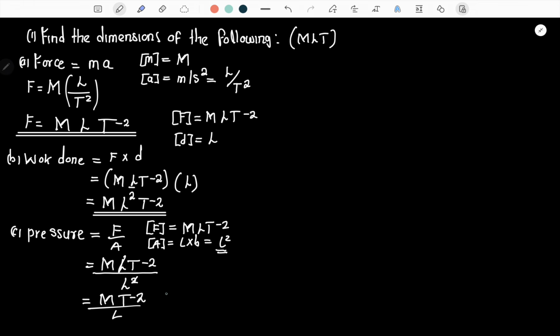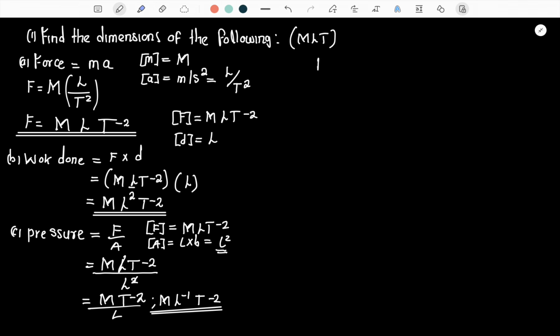In MLT concept, it's going to be M, L to the power negative 1, because the L is going on top, then T to the power negative 2. This becomes the dimensions of pressure. Okay? Quite very interesting and very simple.